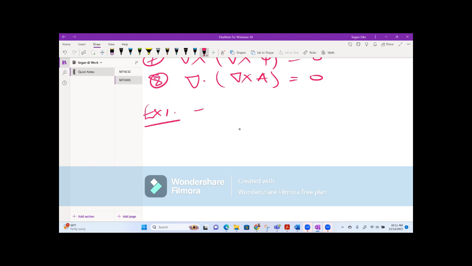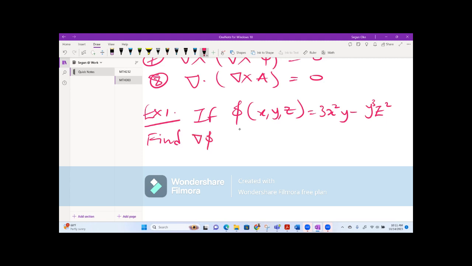It says if phi of x, y, z is equal to 3x squared y minus y cubed z squared, find grad phi at the point 1, minus 2, 1, minus 1.